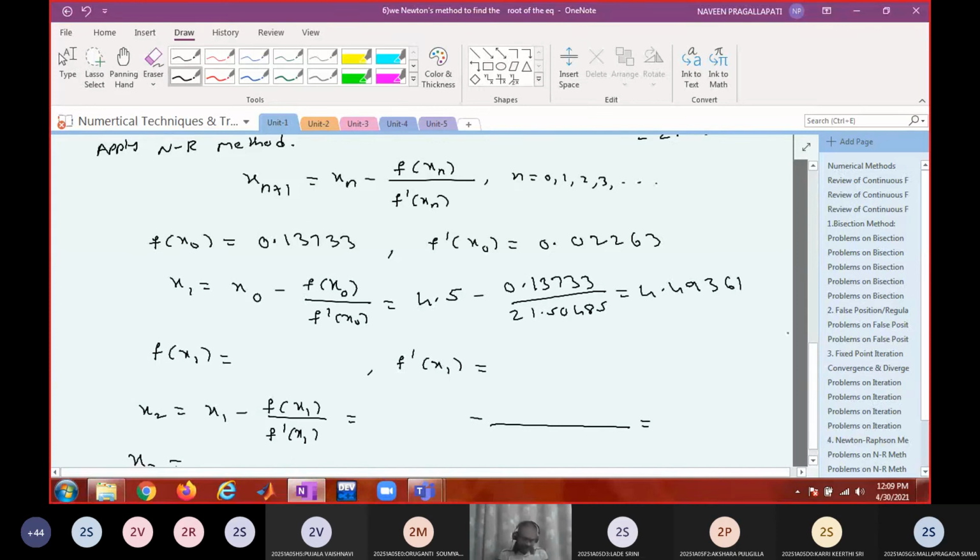Store the value in A. And I want tan A minus A. Is it 0.00405? Yes, sir. And what is f dash of A, equal to sec square A minus 1? Is it 20.22897?